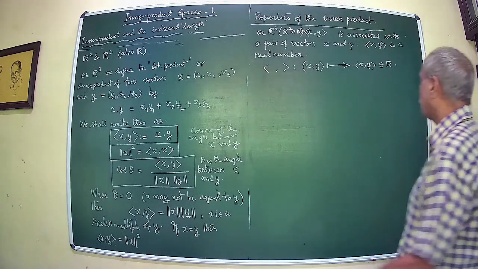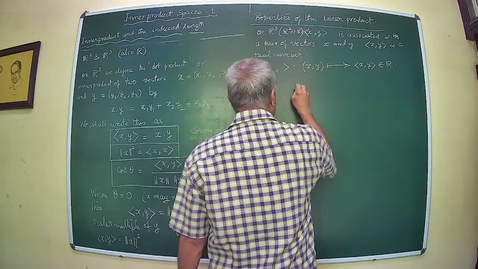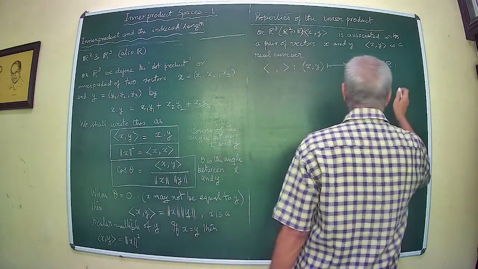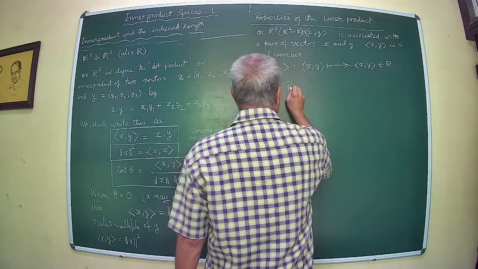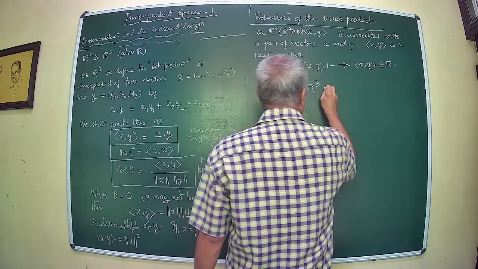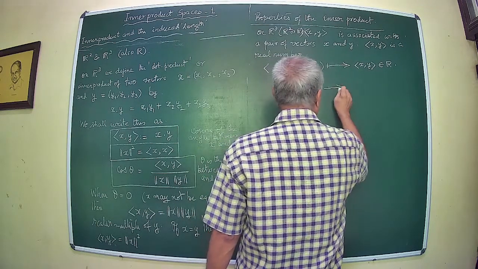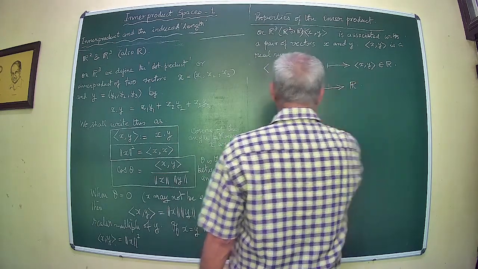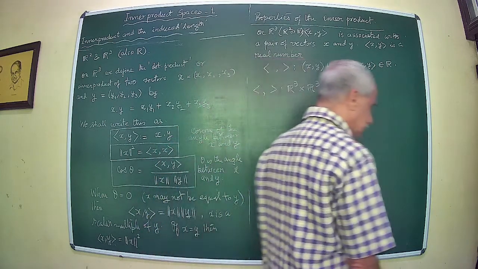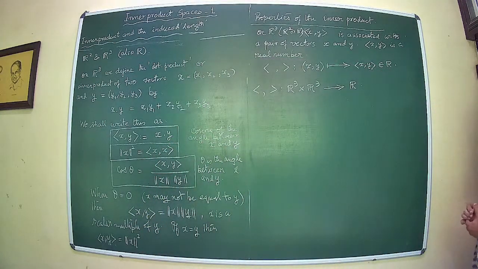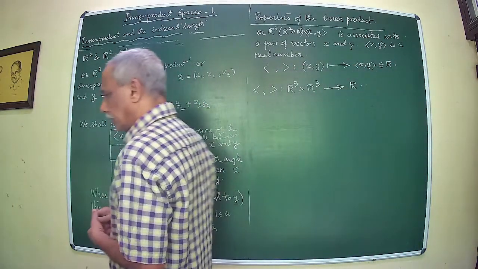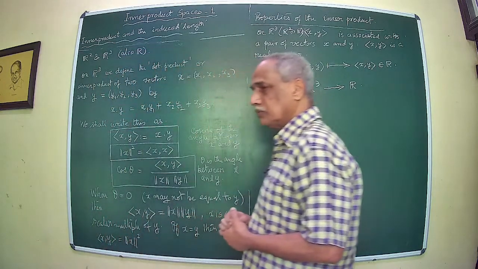So it's a map from R cross R, R3 cross R3 to R. The inner product is a map from R3 cross R3 to R. Okay, what kind of map is it? What are the properties of this?